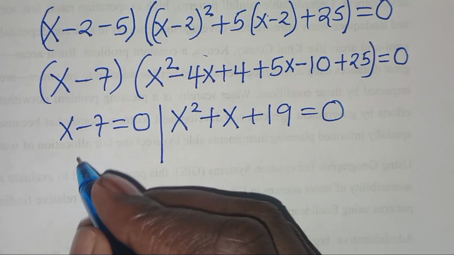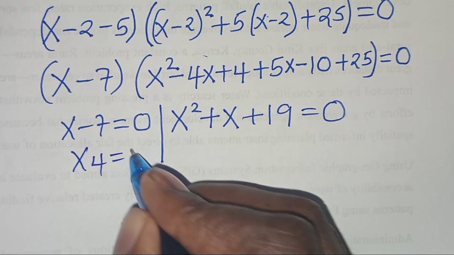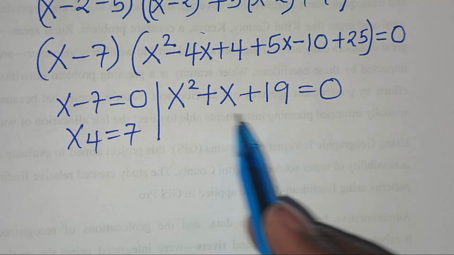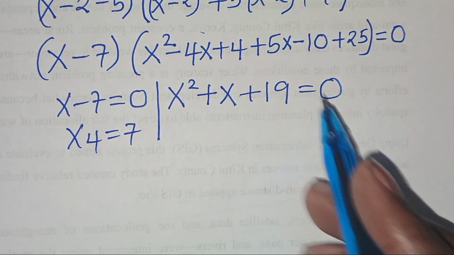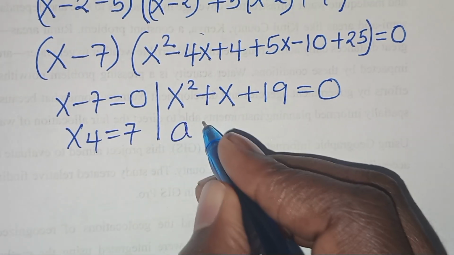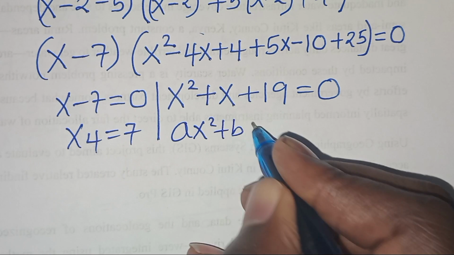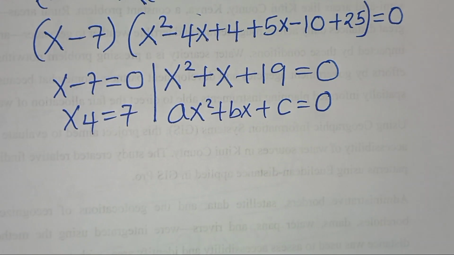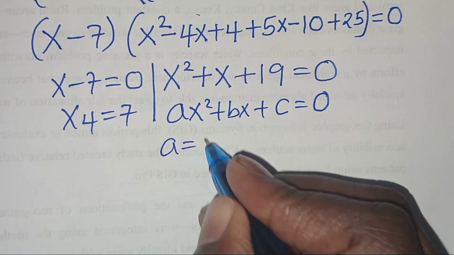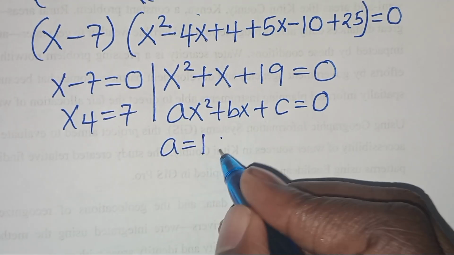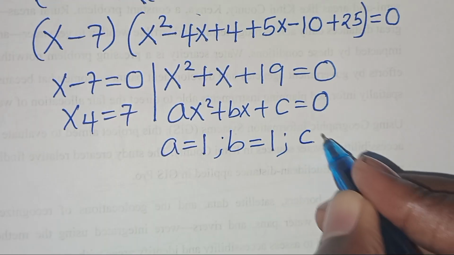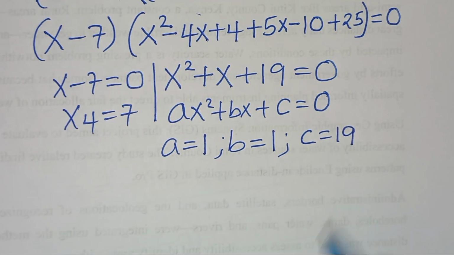Now, we have that x4 is equal to 7. The next part here is a quadratic equation of the form ax squared plus bx plus c equal to 0. So a is equal to 1 in this case, b is equal to 1, and c is equal to 19.